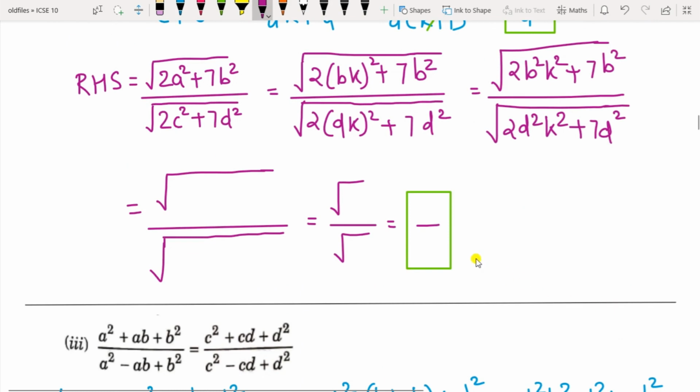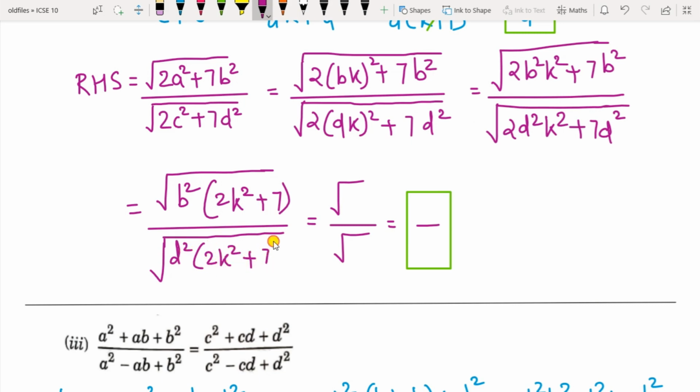Now you can take out whatever it is common. So from the numerator it is b square, 2k square plus 7. From denominator it is d square, 2k square plus 7.